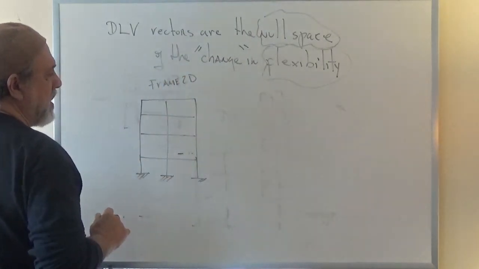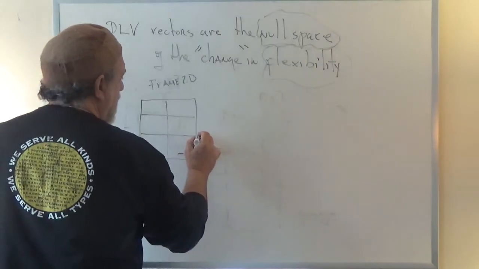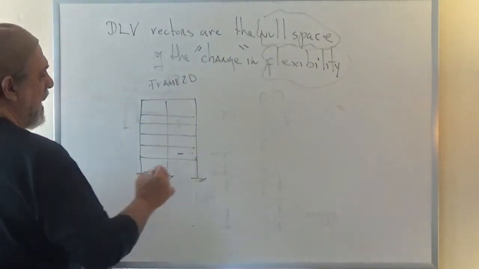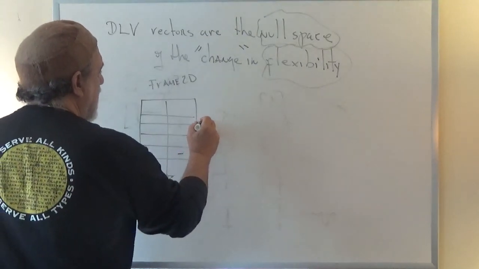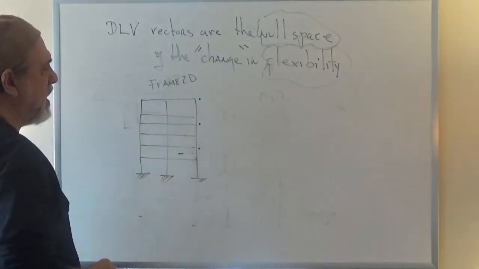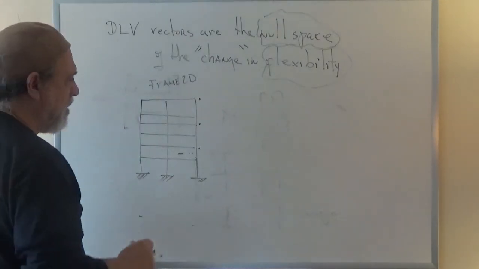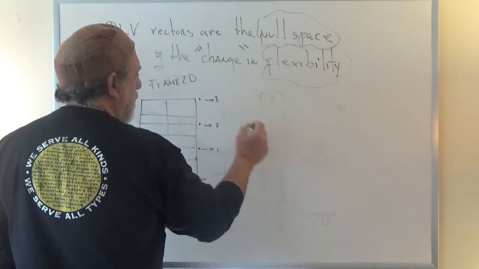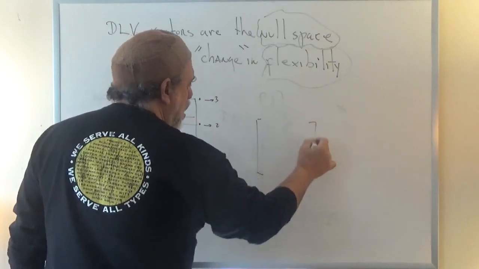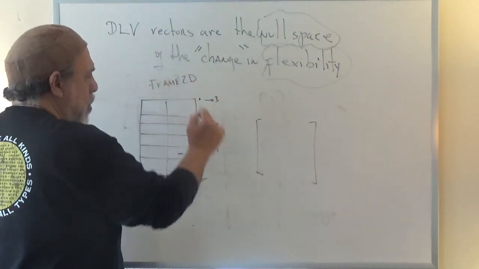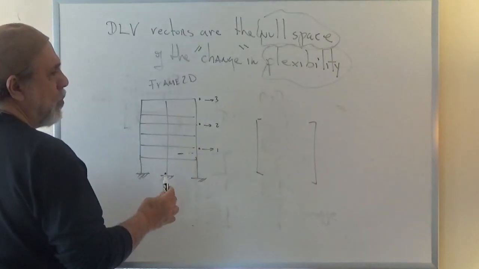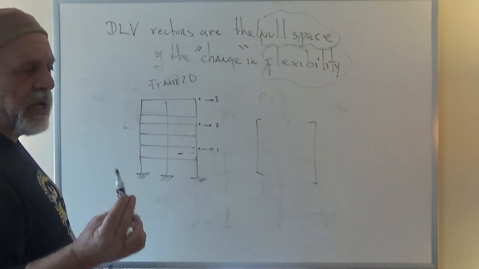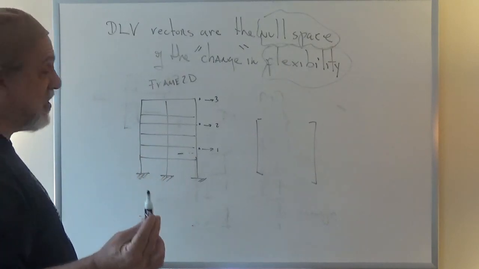And if I wanted to know the flexibility, let me put another set of floors. Let's say I had sensors here and here and here, and I wanted to calculate the flexibility matrix. It would be a 3 by 3, 1, 2, and 3, right? If you model this frame as you know how to model with frame 2D, I don't think you've actually applied loads, but you can see by looking at it that applying loads is very simple.